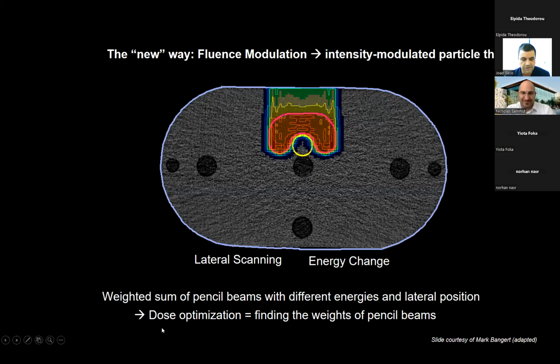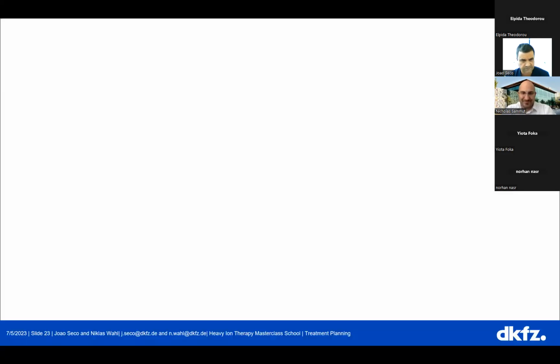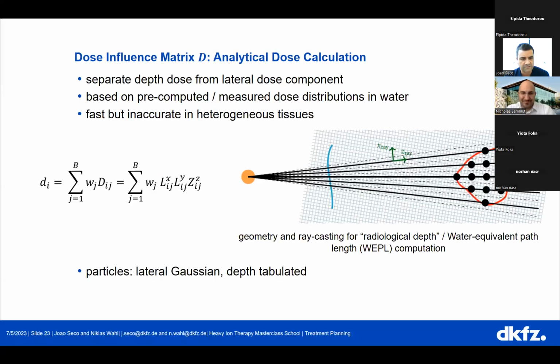It does require an optimizer that can find the optimal weights to deliver a 3D dose distribution from multiple beams. Remember that I had a dose influence matrix that connected the fluence space to the dose space. Now you have to calculate one for protons, which is different from photons, but it uses the same mathematical formalism.